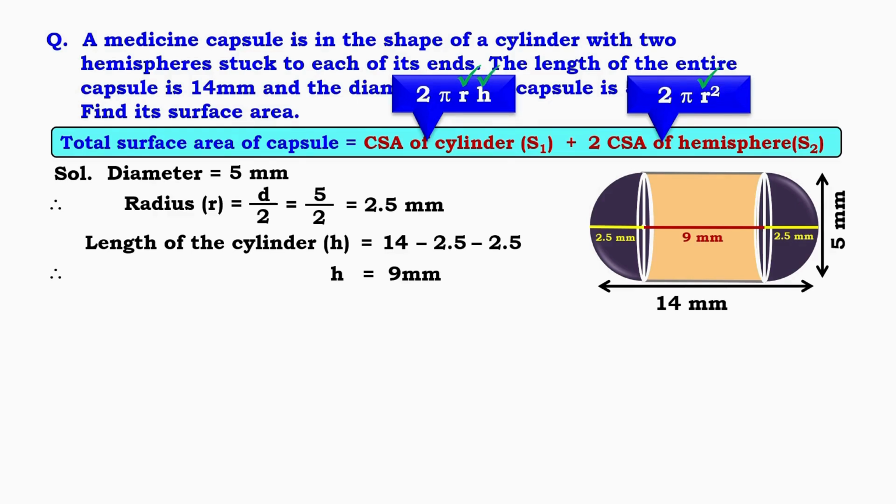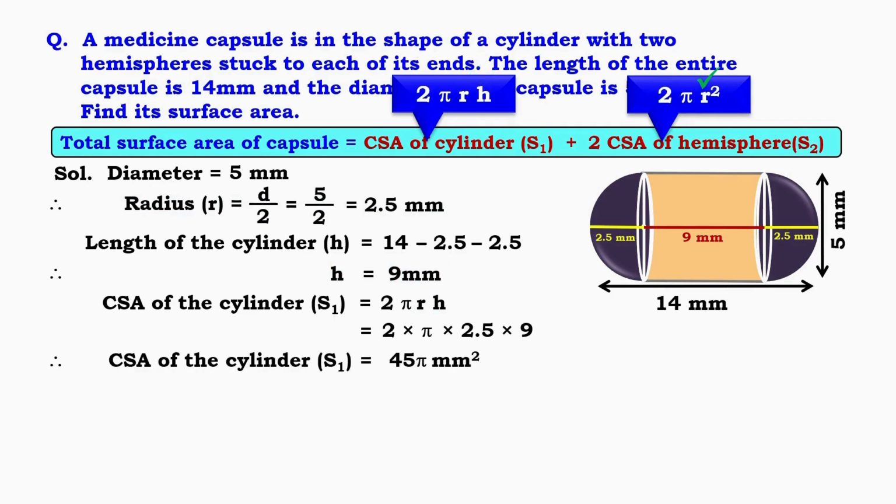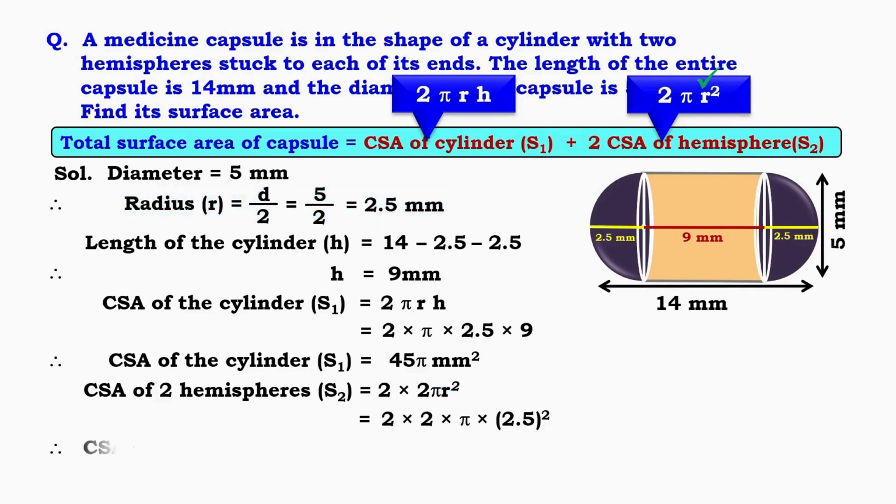So now we know all the values. Let us calculate the TSA of the capsule. The CSA of the cylinder will be 2 pi RH, that is 2 into pi into 2.5 into 9, which is equal to 45 pi millimeter square. Now the CSA of two hemispheres will be 2 into 2 pi r square, that is 4 pi r square, which is coming 25 pi millimeter square.